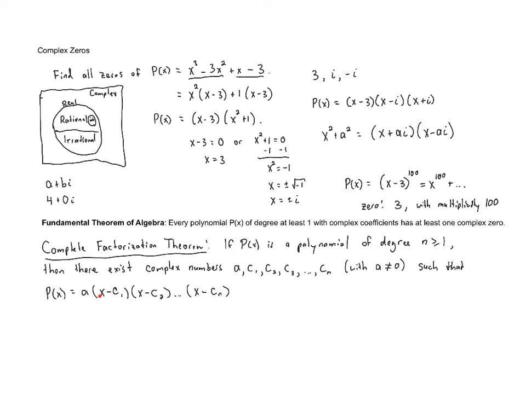So zeros of a polynomial only correspond to x-intercepts when they are real numbers. If we have any imaginary numbers or complex numbers that aren't real numbers that are zeros, those are not going to give us any more x-intercepts.